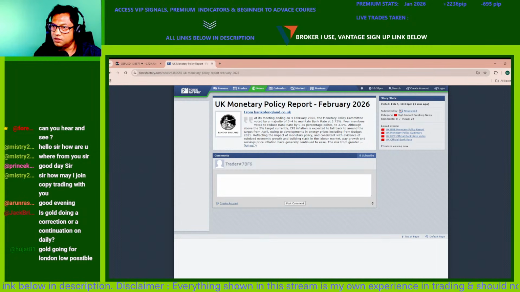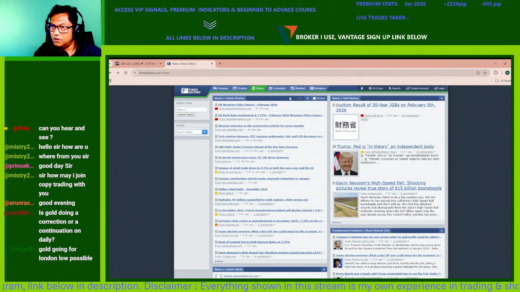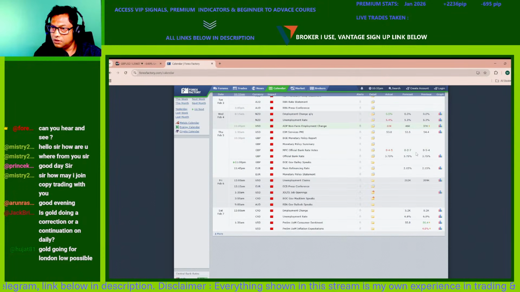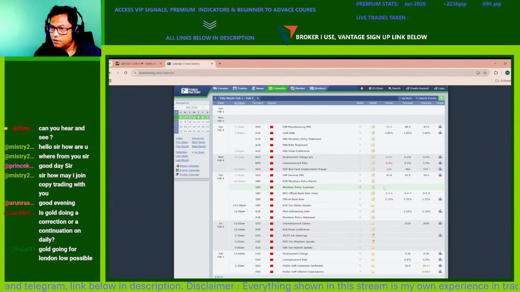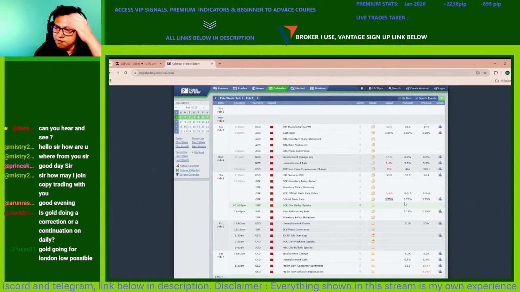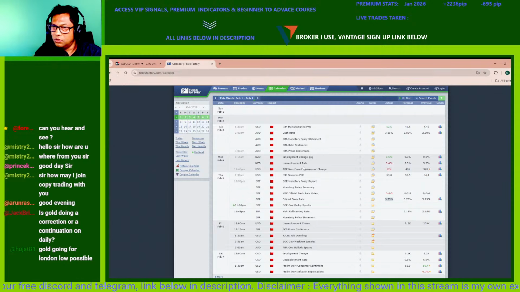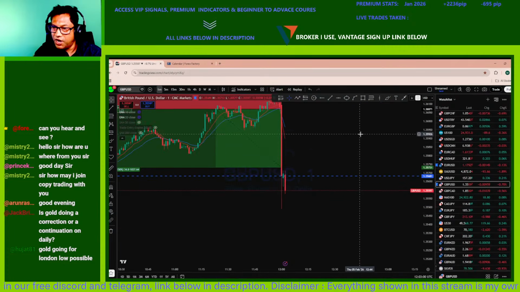So the official bank rate remains steady on British pound US dollar, and now with this speech there might be some surprise coming.